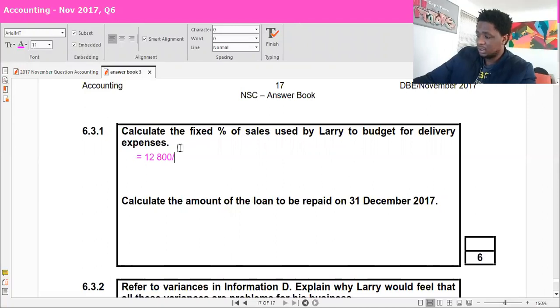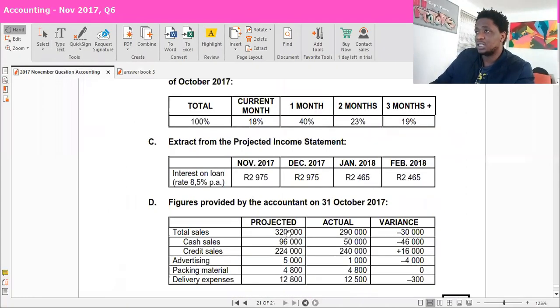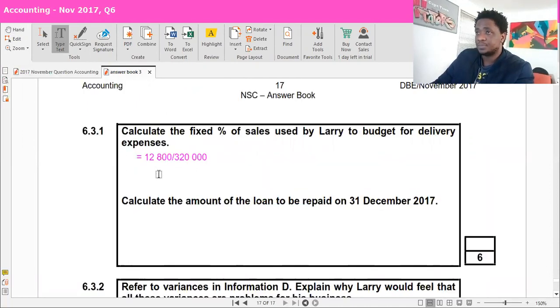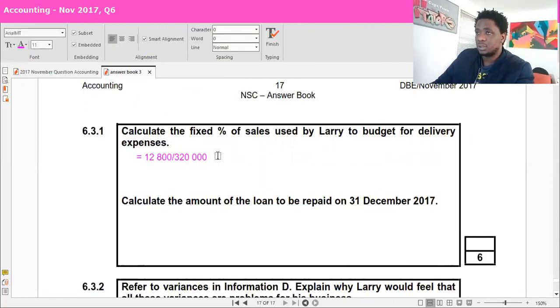So 12,800 divided by 320,000. And they said to budget, so you would use the projected information, because you can see the information that you're given here is projected, and then this is the actual information. So you'd use the projected information because they asked you about a budget.